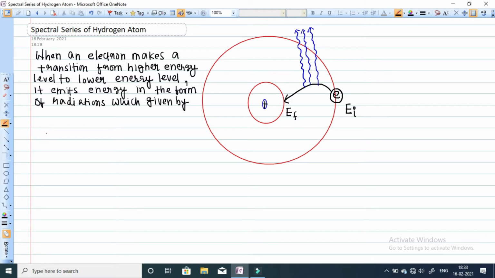This energy emitted will be equal to the difference of the energy levels of the two states.